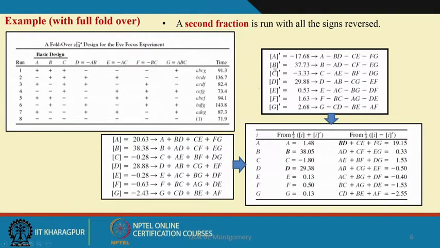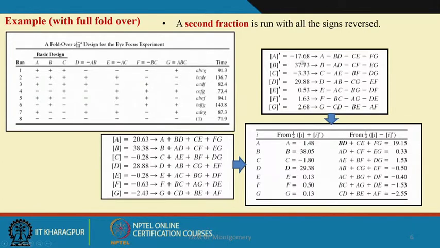When you have another fraction, you see the results. Suppose here you see the other fraction, A value negative, B positive and D positive. Here also A, B, D are large, but B and D are positive, and A sign reversal has taken place here.